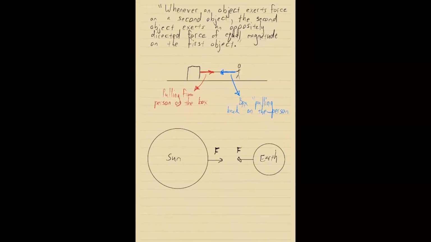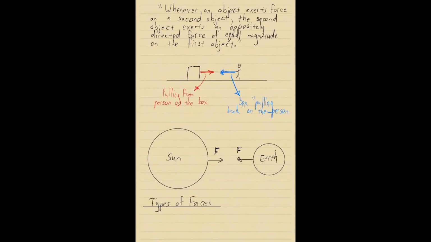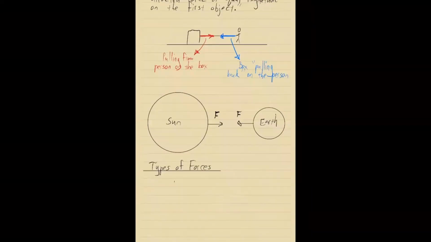So now we're going to talk about types of forces. As of time of recording, there are only 4 known types of forces in the universe. In order from strongest to weakest, we have the strong force.